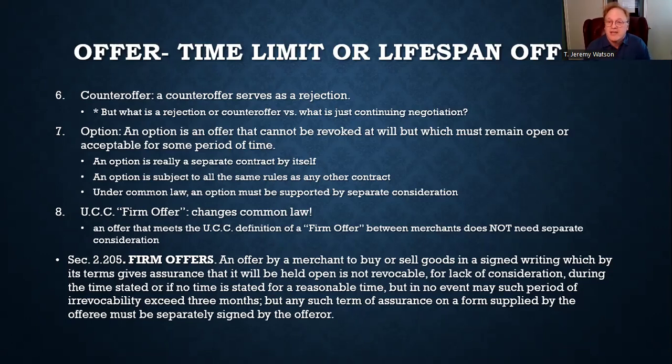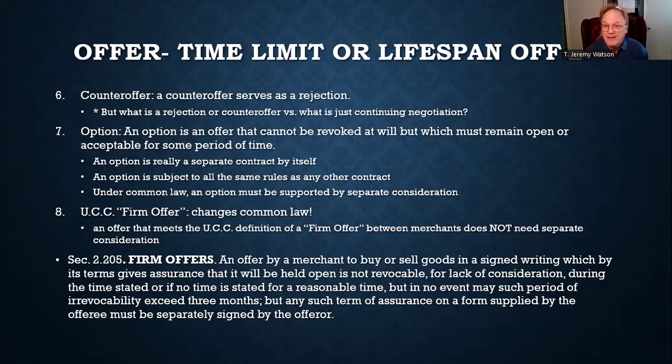As long as it's in a signed writing, it doesn't require additional consideration. That's section 2-205. It's titled firm offers, and it reads: an offer by a merchant to buy or sell goods in a signed writing, which by its terms gives assurance that it will be held open. So if you have a signed writing that says, "Hey, I'm making a firm offer," then that option is created, and that option is binding.